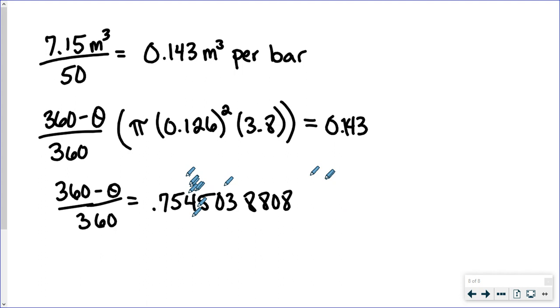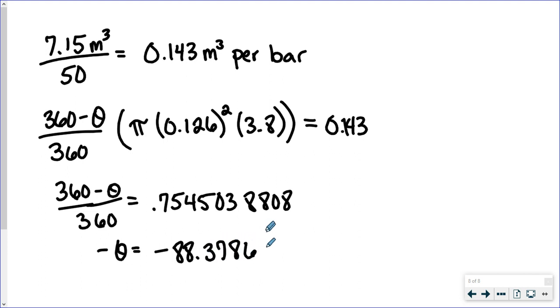When I multiply this by 360, I get 271.6213971. And then when I subtract 360 from that, we will get negative theta is equal to negative 88.3786. So of course just multiply both sides by -1, and theta is equal to 88.4 degrees to 3 sig figs.